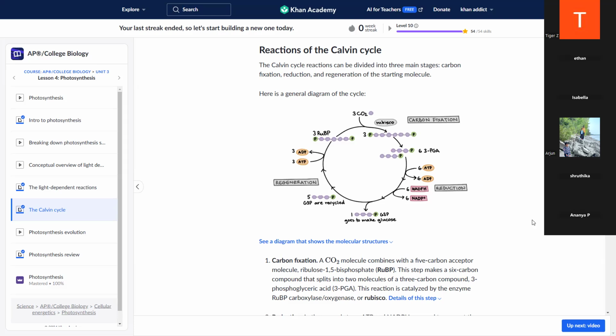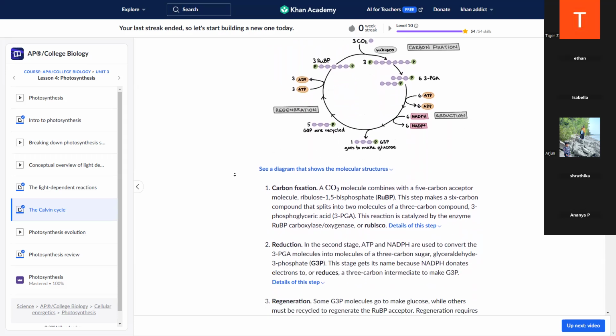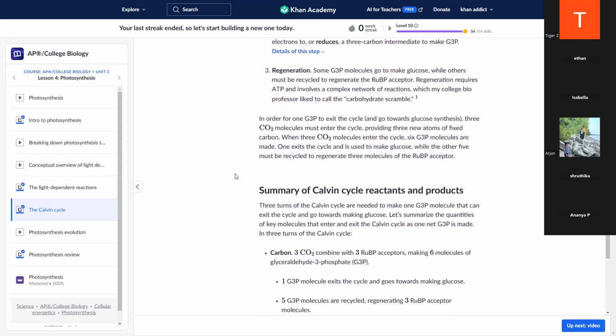It's losing that hydrogen and it goes to make one G3P, which is basically just a three carbon sugar. It goes to make glucose, while five are recycled. And here another three ATP are using their energy, depositing one of their phosphate groups, so they turn into ADP again.